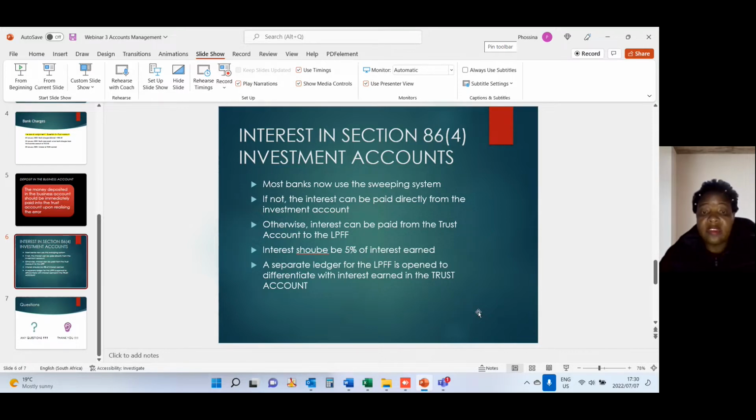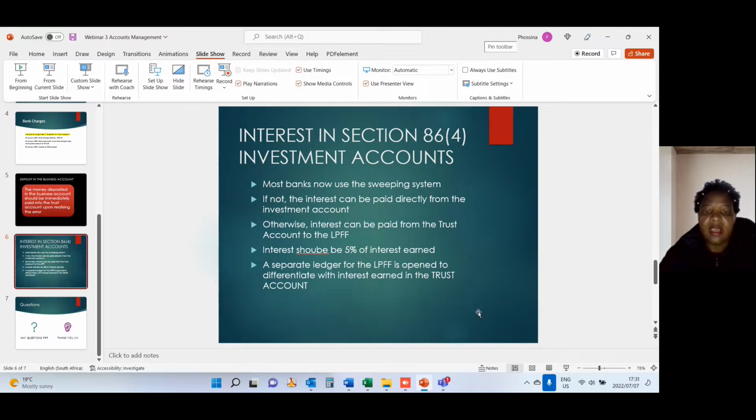If you fail to pay it from the investment account, or you notice that your practitioner or the directors or whoever is handling the accounting who transfers has forgotten to pay the interest from the investment account, then the money has gone over to the trust account. Then from the trust account, they can still pay to the LPFF.